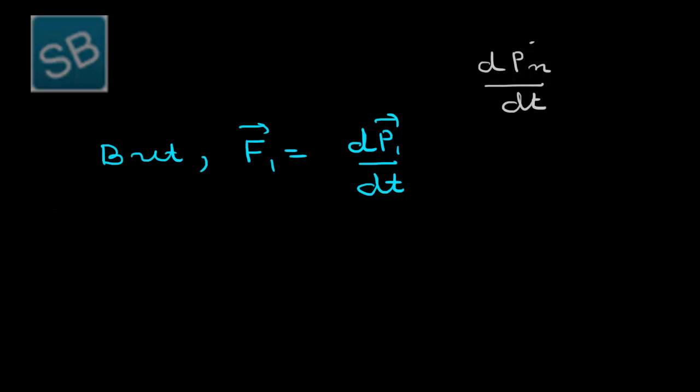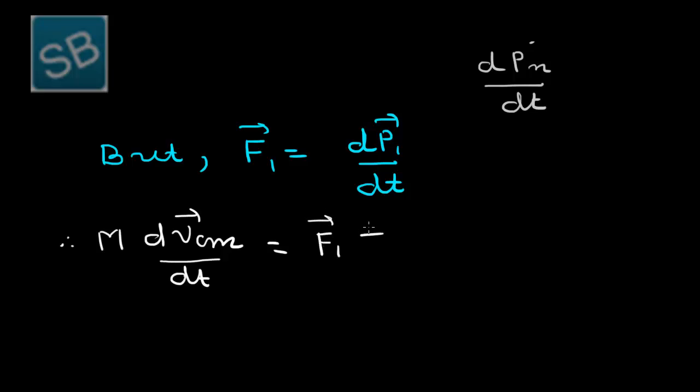So my modified equation will look like M dV_CM by dt is equal to F1 vector plus F2 vector plus so on, Fn vector. So this is the generalized result.